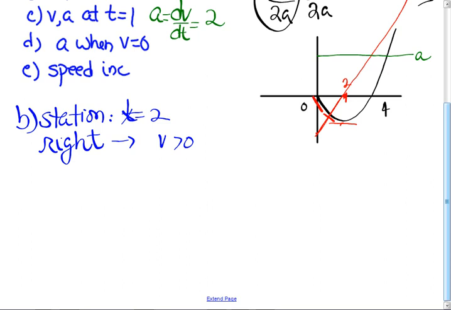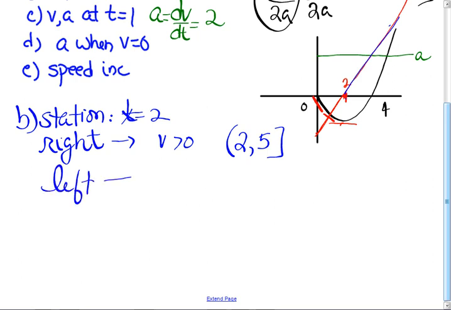Well, when is it moving to the right? It's moving to the right here, right? Is it moving to the right at 2? No, it's stopped. And it goes to 5. Is it moving to the right at 5? Yeah. So be careful with your endpoints on these intervals. I believe they're going to be picky. I haven't had to grade one like that, but I believe that they will be picky about it.